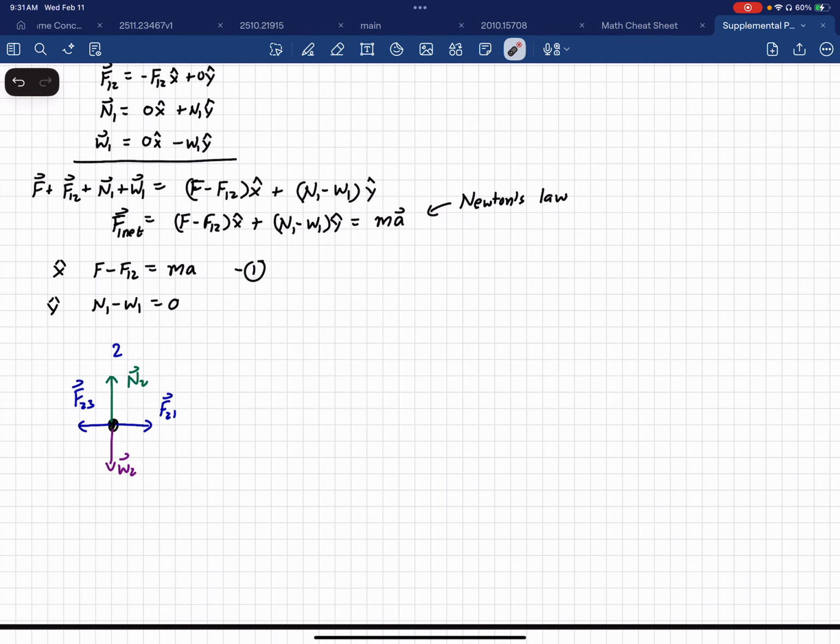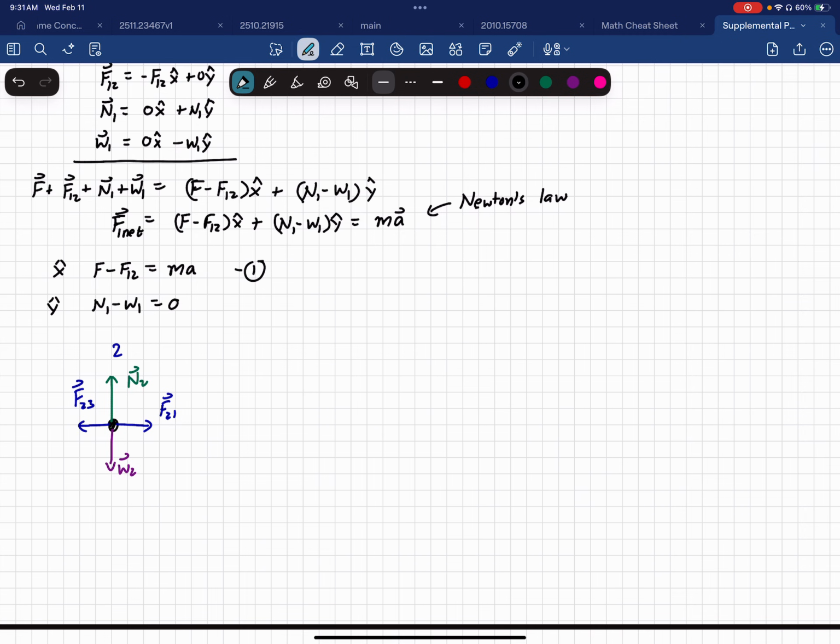Now, writing all the forces, the same drill, there's nothing different. So you have N2 equal to 0 x hat plus N2 y hat. Then you have W2, 0 x hat minus W2 y hat.